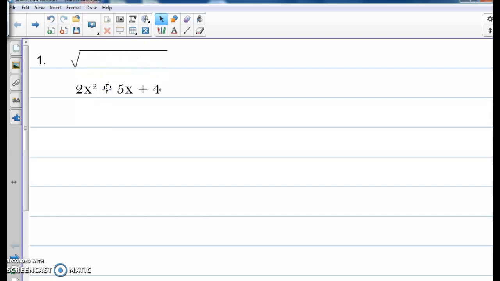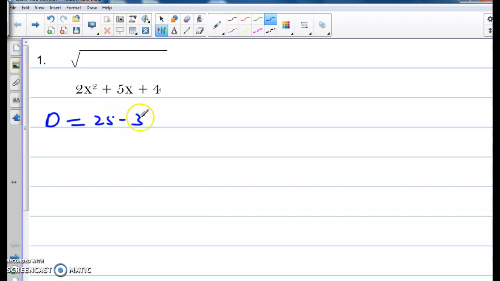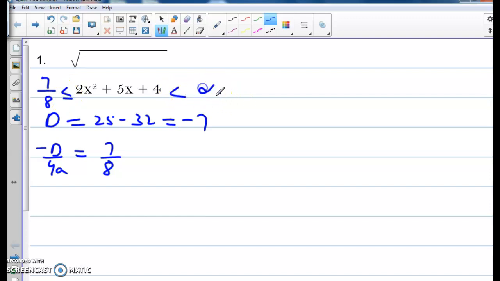Square root of 2x square plus 5x plus 4. Here d is 25 minus 32, which is equal to minus 7. So minus d by 4a becomes 7 by 8. Therefore we can write 7 upon 8 is less than or equal to this function up to infinity.